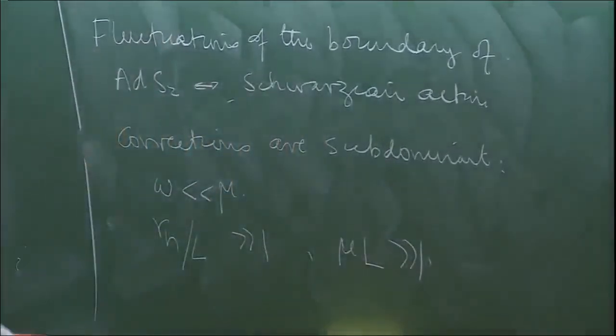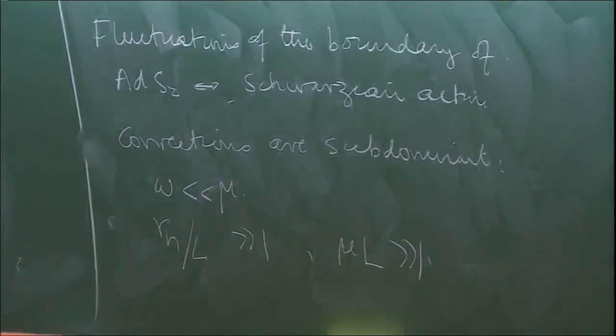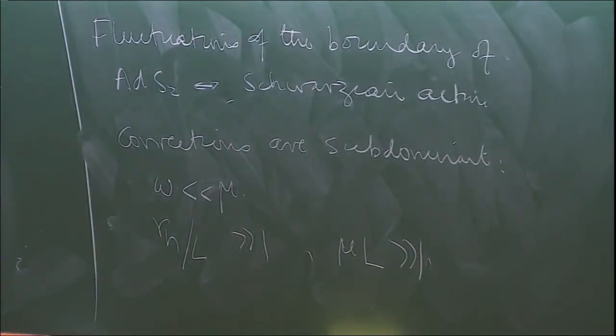So that's the other parameter we work with. It's small energies, large chemical potentials. In that limit, the Schwarzian action dominates, and it dominates very universally. Everything else is subdominant for one reason or another.